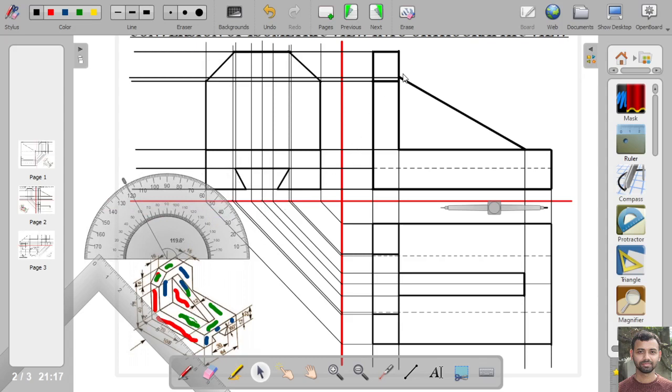So the slant portion is, this is the projection line of the slant portion. So this is the top of the part, means this portion of the slant portion we can see. This one is the top portion of the slant portion, and then there is the lower part. So the lower part we will get over here.